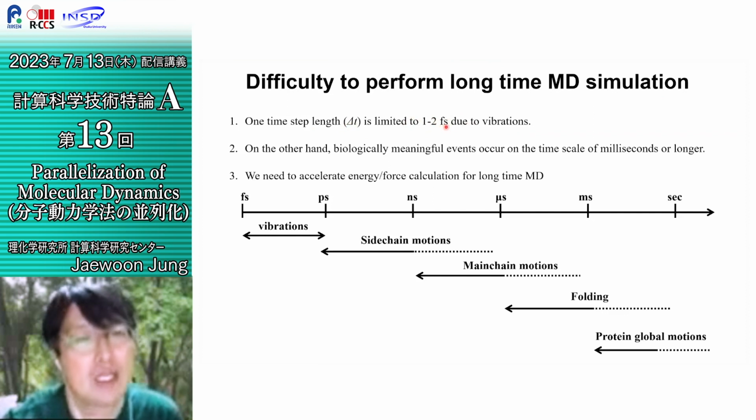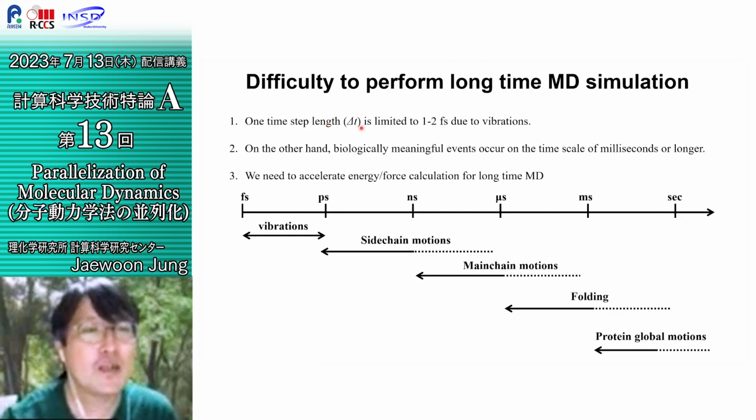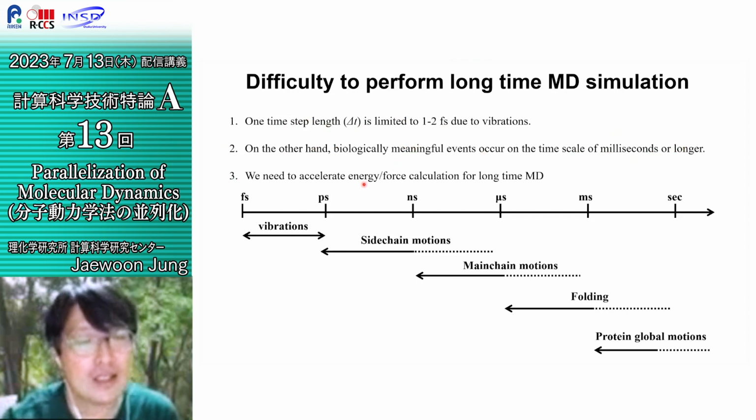And in many cases, the force values are not accurate enough, and we cannot guarantee that this MD is okay. So one time step is very small, but on the other hand, our interesting results, so biologically meaningful events, occur on the very long time scale. In some cases, even longer than milliseconds. And in this sense, we need to accelerate energy or force evaluations for long time MD.